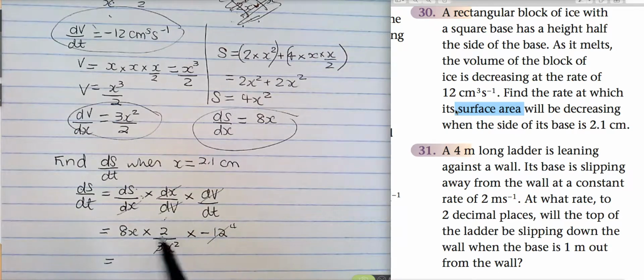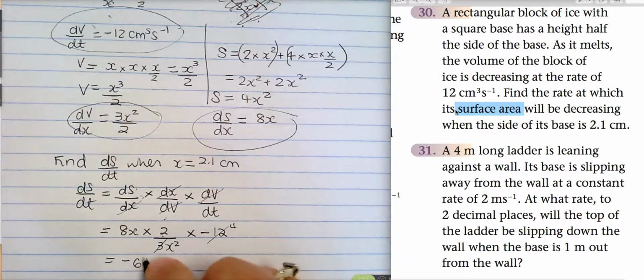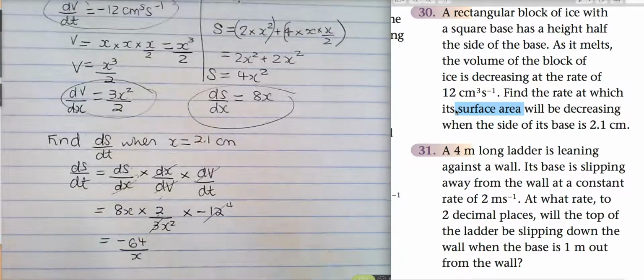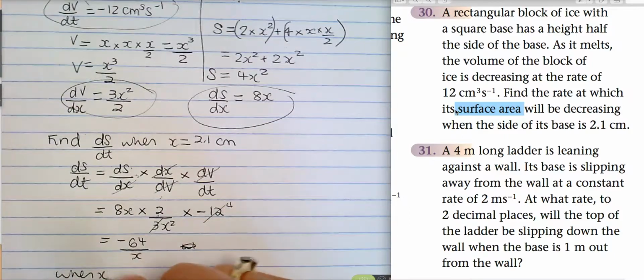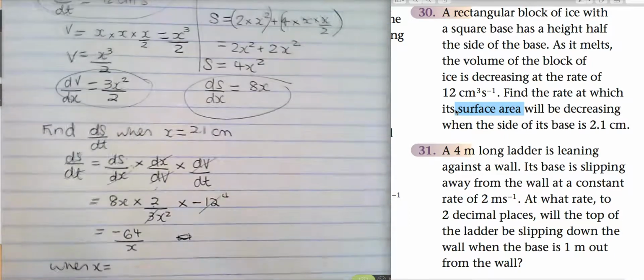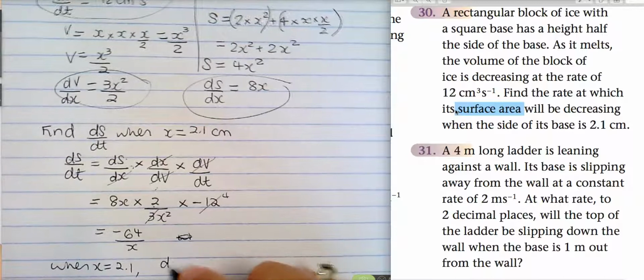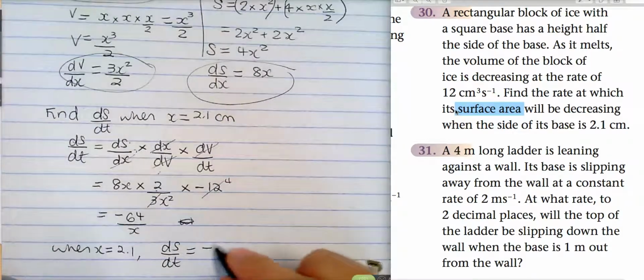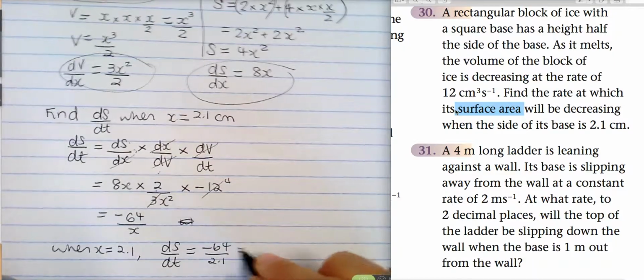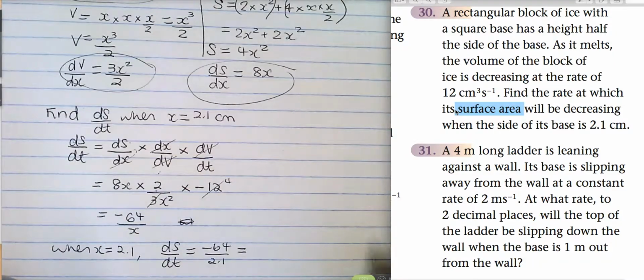What have we got? 8 times 4, 64. Negative 64 over x. And now you substitute. So when x is 2.1, dS/dt is negative 64 over 2.1, which is whatever you get.